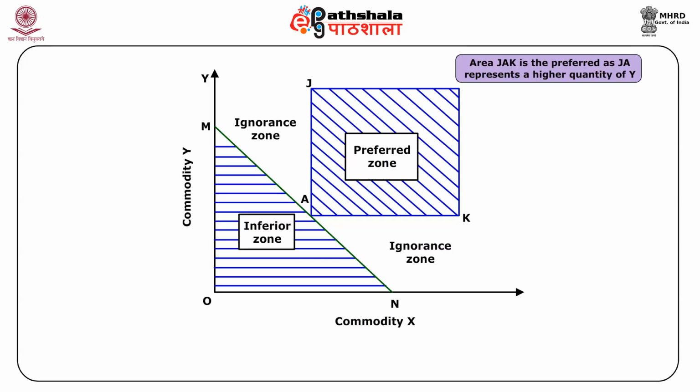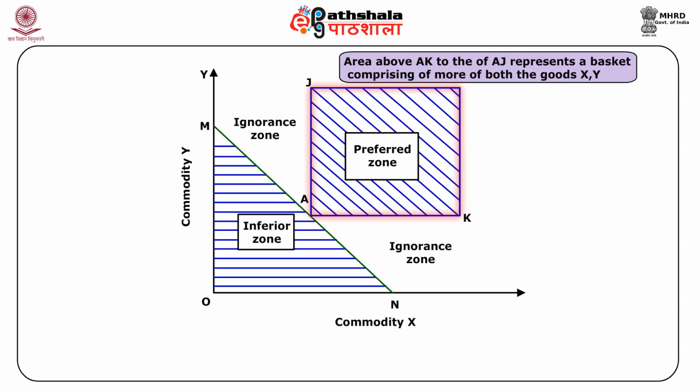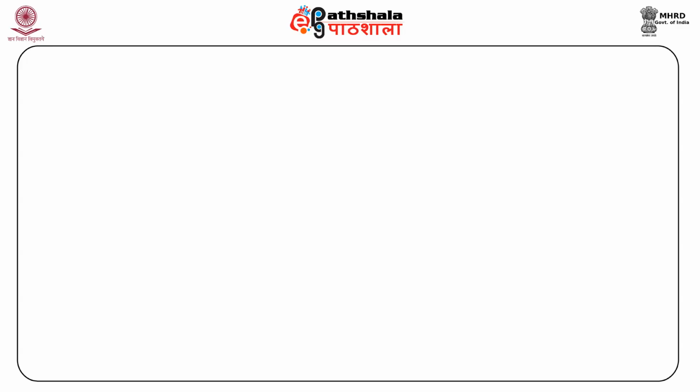The area JAK is the preferred one because any point on JA represents a higher quantity of Y with the same quantity of X. Similarly, any point on AK is preferred as it shows a higher quantity of X with the same quantity of Y. The area above AK and to the right of AJ represents a basket comprising more of both goods X and Y. Therefore, any point on the lines AJ, AK and between them is preferred over point A. Hence, in the diagram, this area is marked as the preferred zone.